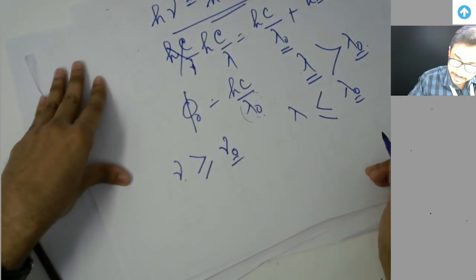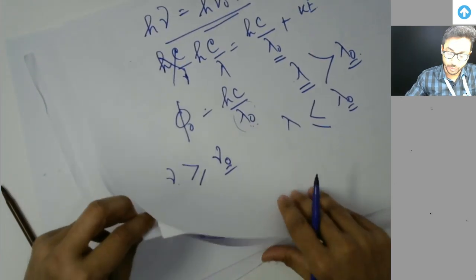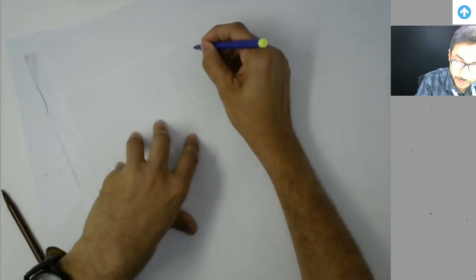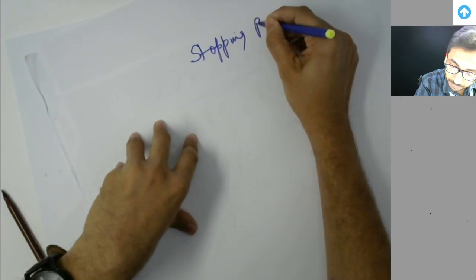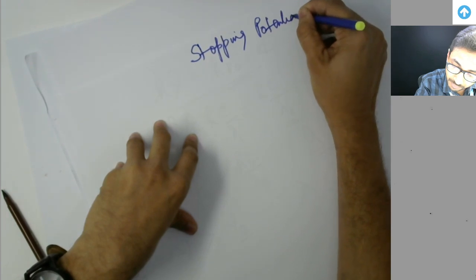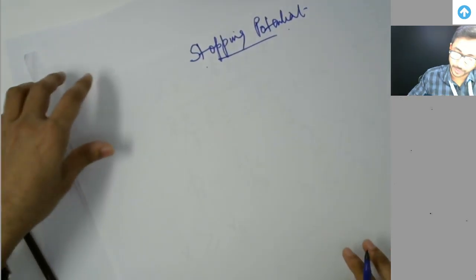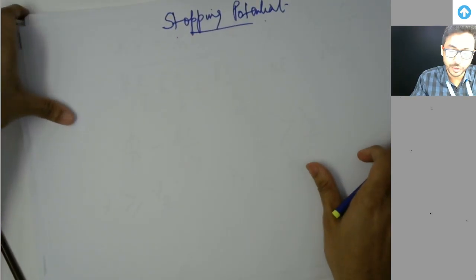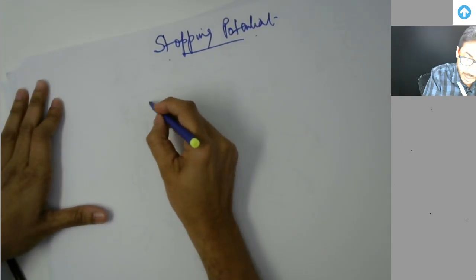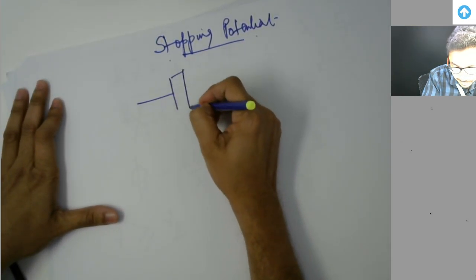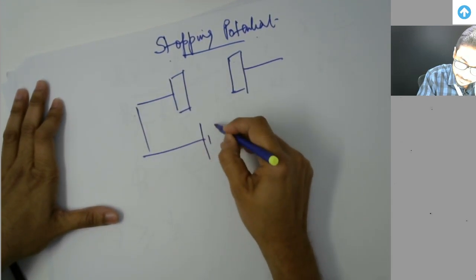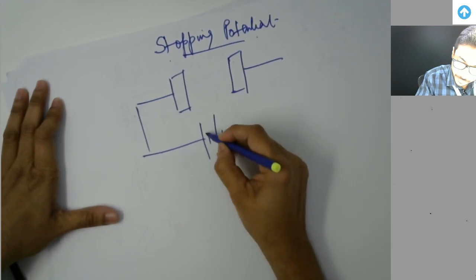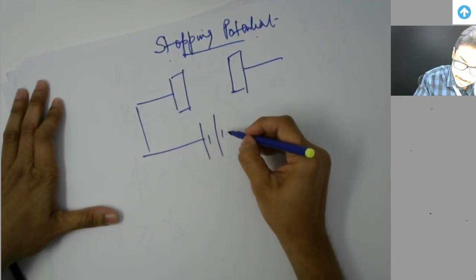Okay, next we'll come to another concept called the stopping potential. We were talking about emission of electrons. One simple experiment was conducted with the emission of electrons.